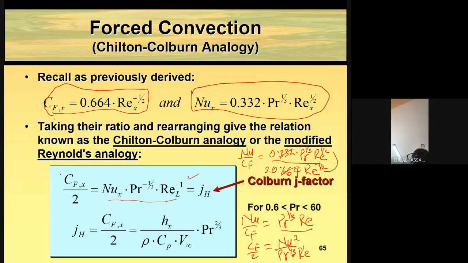Now, this final equation is what we call the Colburn j factor, which is used to estimate the skin friction coefficient when the Nusselt number is known. You understand me? So Pr and Re can also be equally determined.